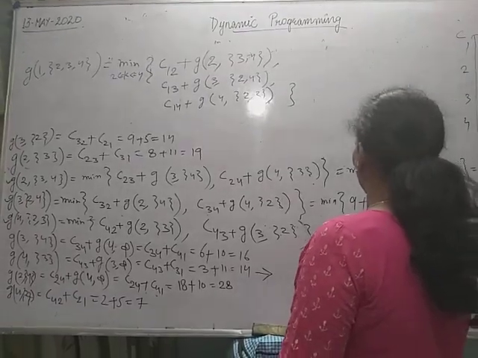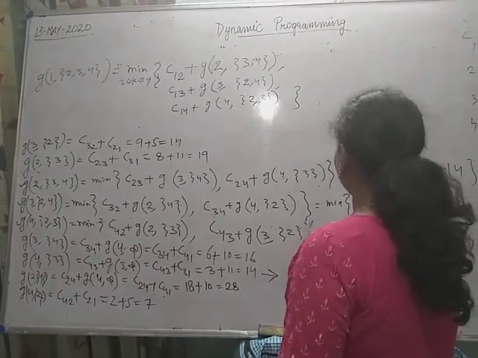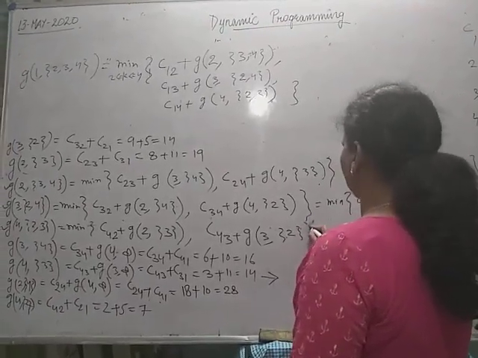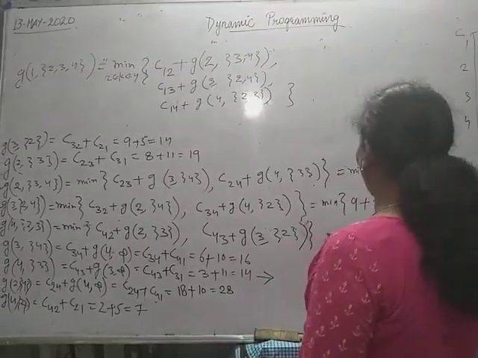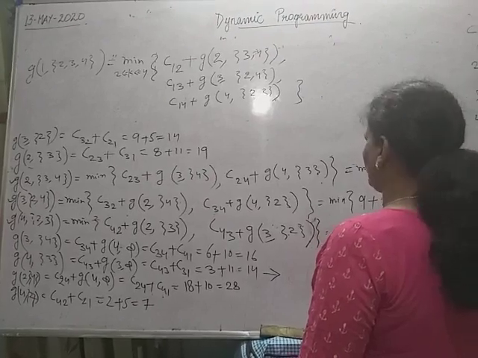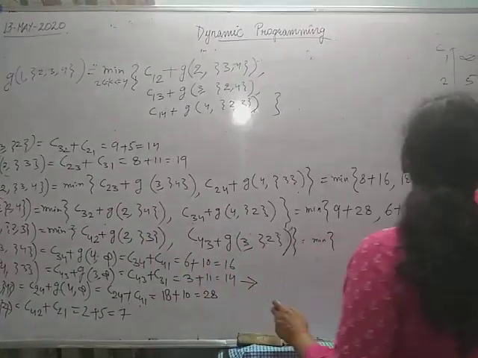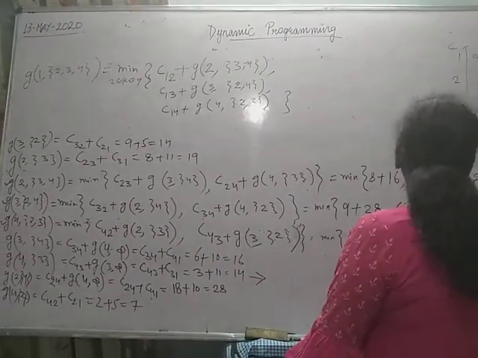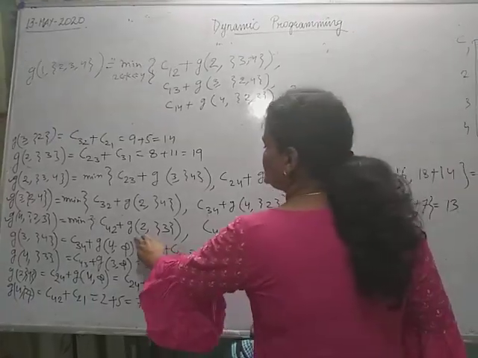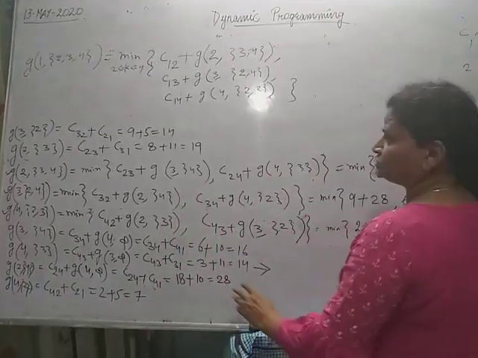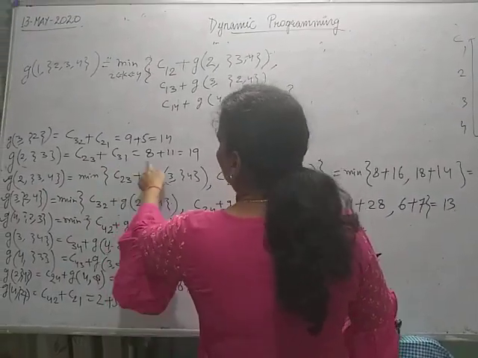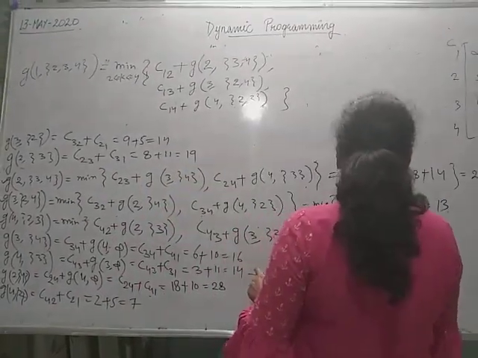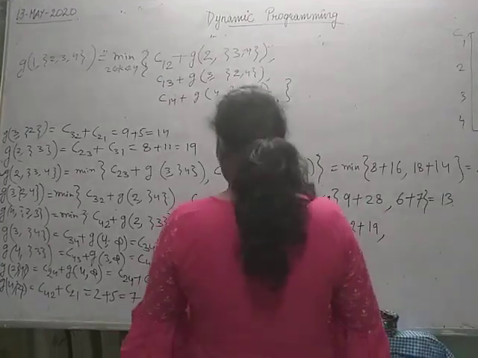Now here minimum of what? C42 that is 2 plus what? G23 is this one. G23 is 19. Okay, and then what?